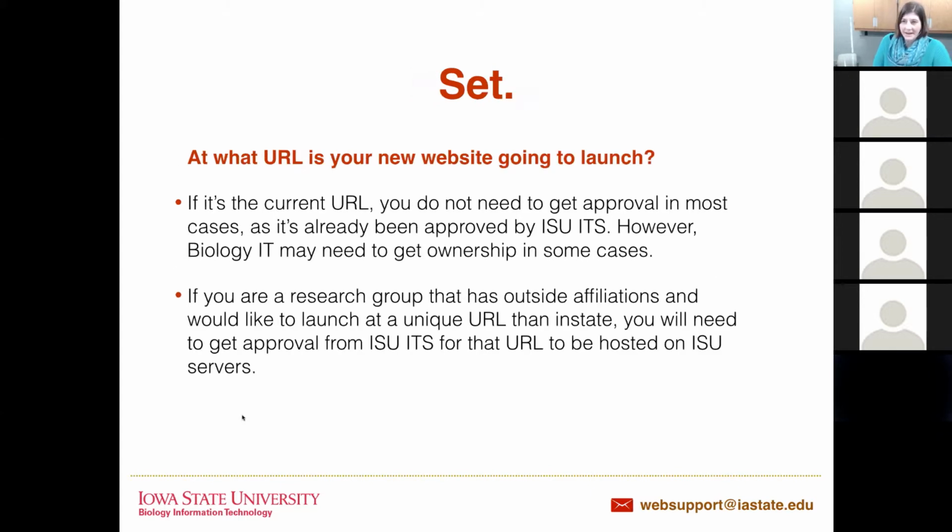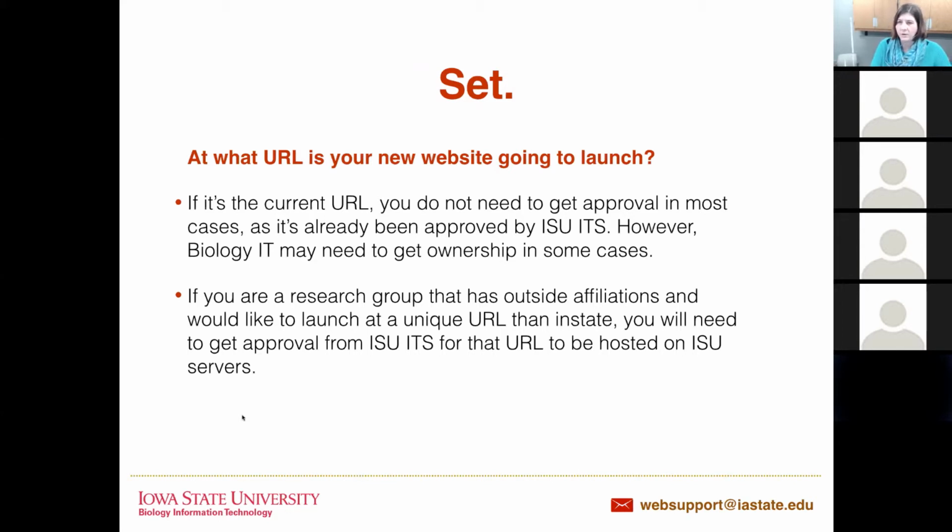So this is the set section. This is a lot shorter. There's just a few things to look out for here. And usually, again, you'll want to do this set section, checking your URL, earlier in the process, but this is the time where our developers and we are confirming that the URL has been approved by Central Campus and that sort of thing.